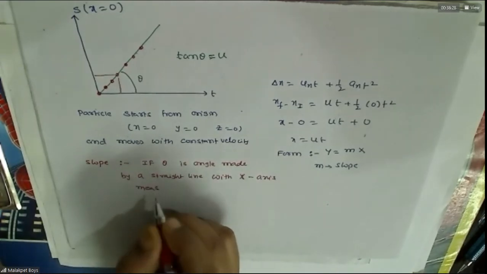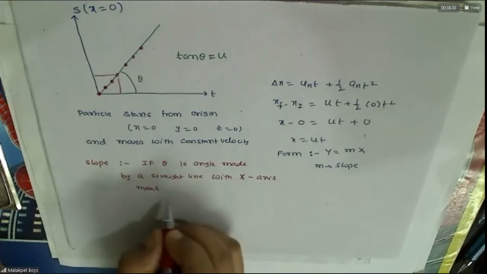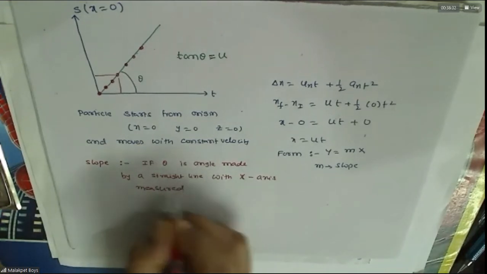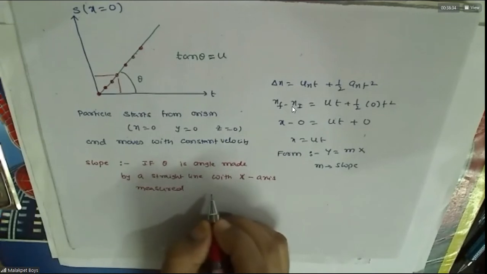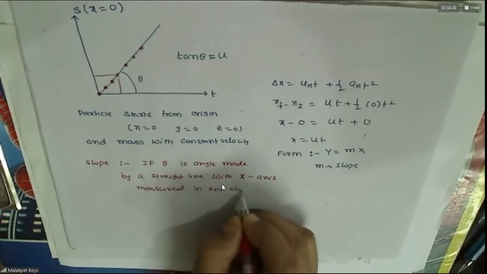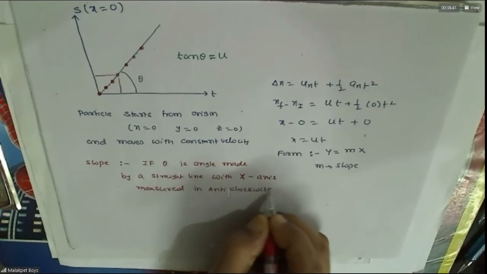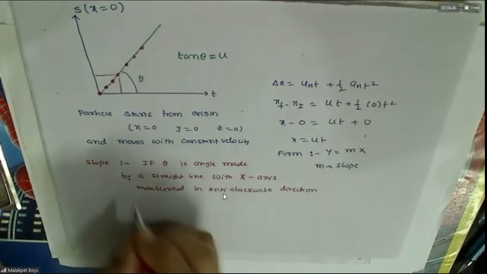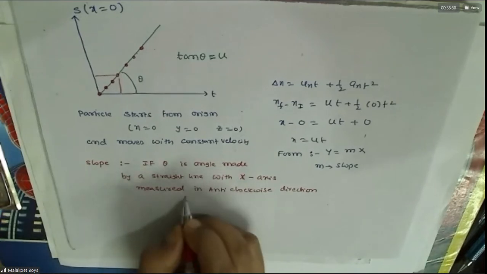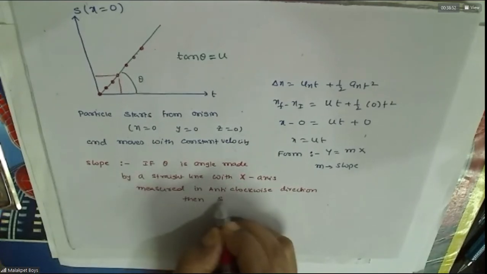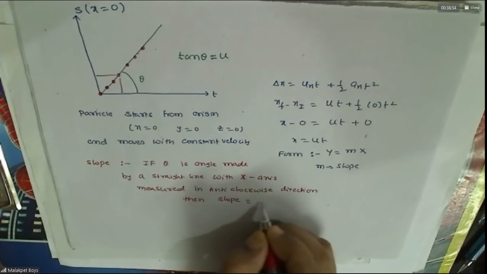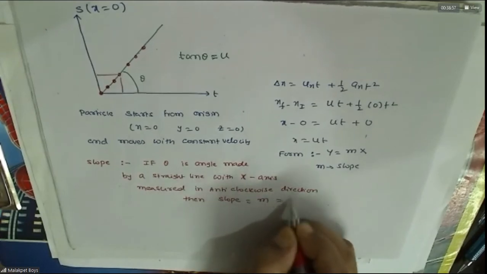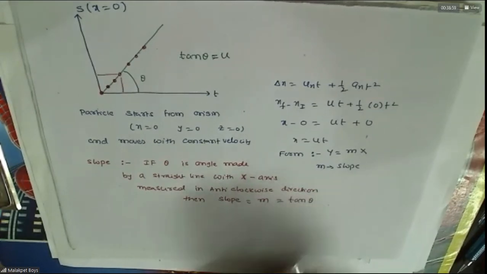You learned all this, no? I don't mind explaining this any number of times, but if this is the case, the whole syllabus will become difficult. Slope equals m equals tan theta. Agreed?